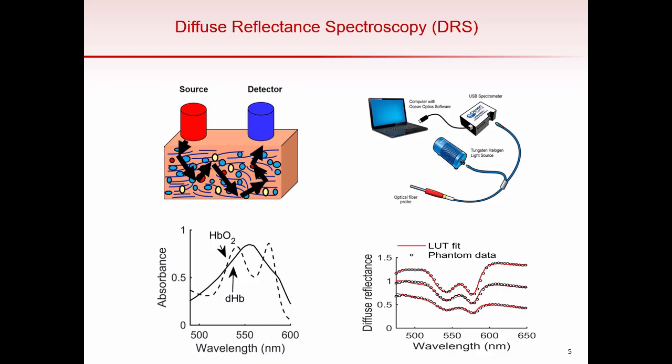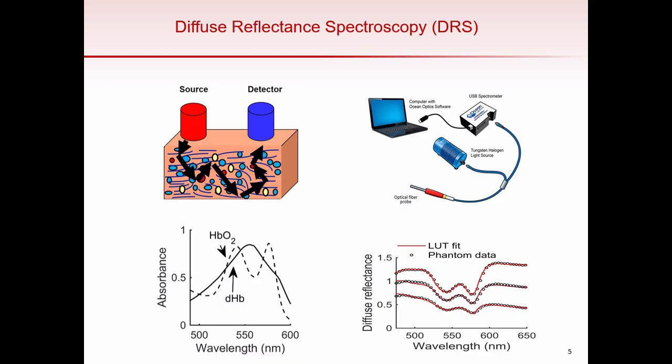Some part of it will be absorbed by strong absorbers such as oxygenated and deoxygenated hemoglobin. And some part of it will be scattered by light scatterers such as cell nuclei and collagen. And eventually, some portion of the light will be reflected out of the tissue.